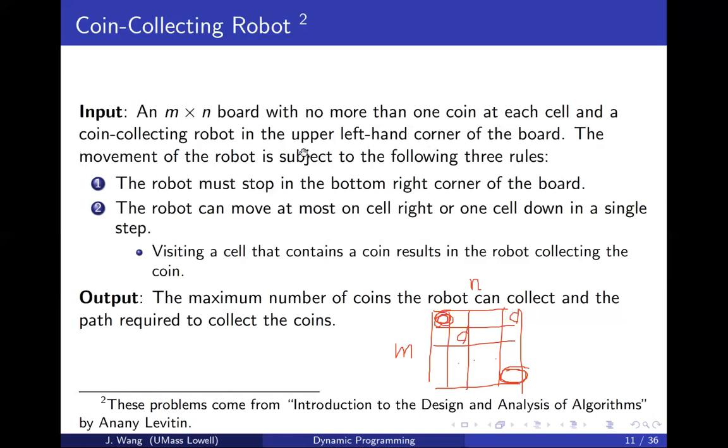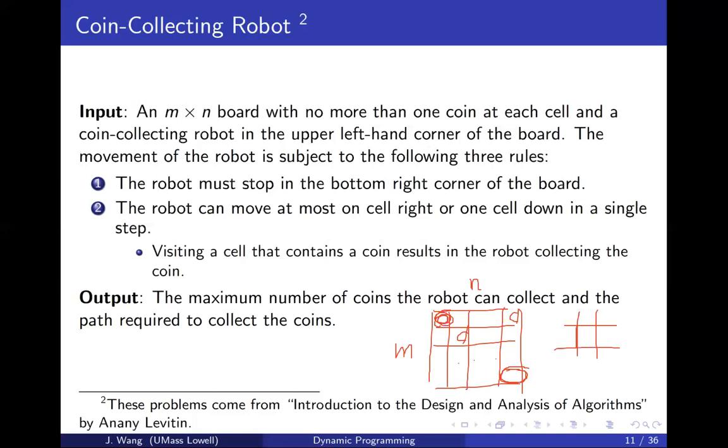The movements of the robot are subject to the following 3 rules. The robot must start in the upper left corner of the board, as we always indicated, and then the robot can move at most 1 cell right. Let's say my robot is right here.